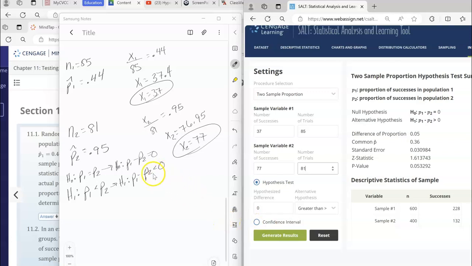And this time we were looking at less than. And we are doing a hypothesis test. So notice that SALT is going to really want us to interpret this way so that we can use its software. Generate the results.